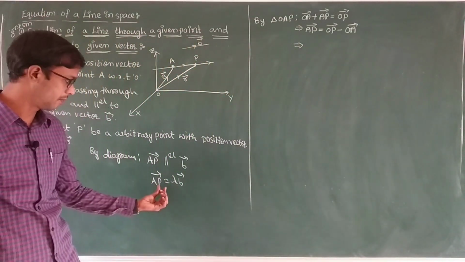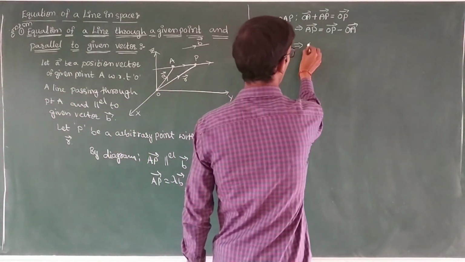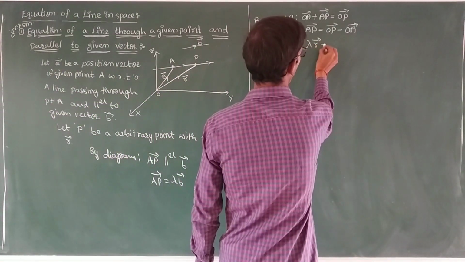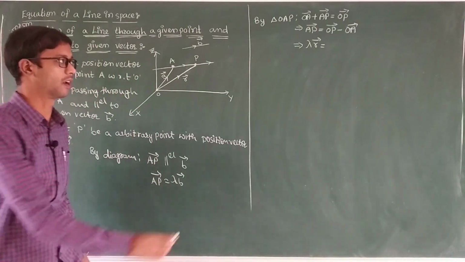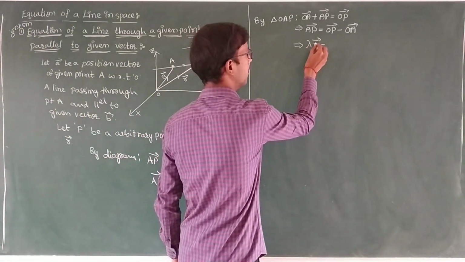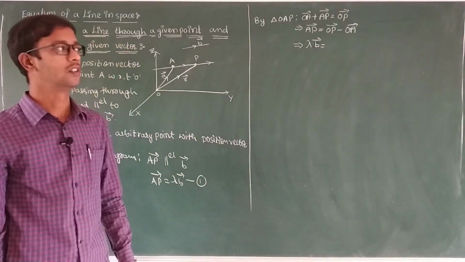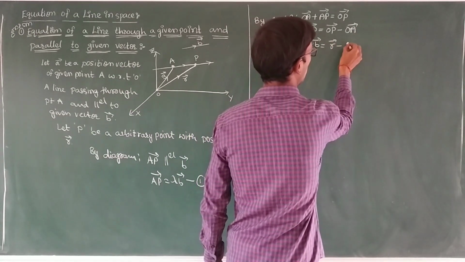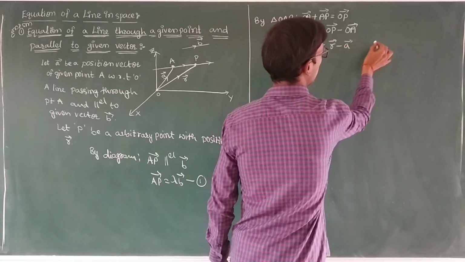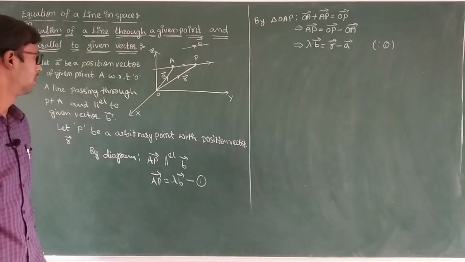What is AP bar? AP bar is lambda B bar. Take this as equation 1. From equation 1, OP bar is r bar, and OA bar is A bar.